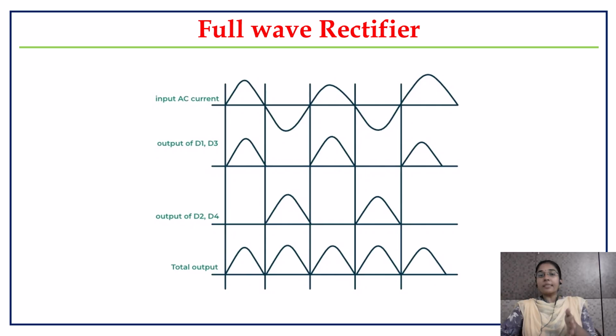The main thing in this full wave rectifier, regarding how the diodes make use of the positive and the negative half cycle, is that the full wave rectifier uses two diodes and I am using a center tapped transformer.